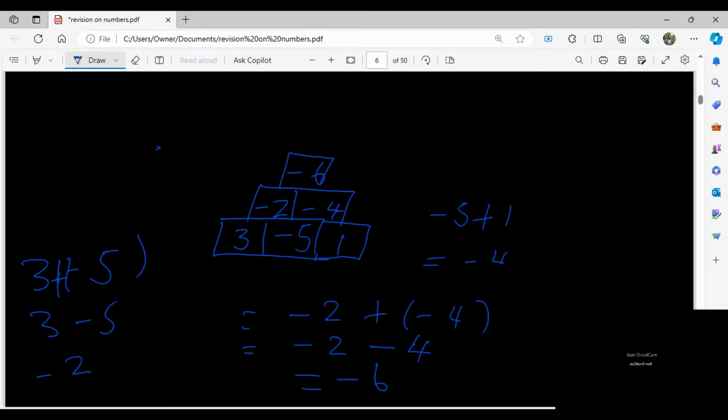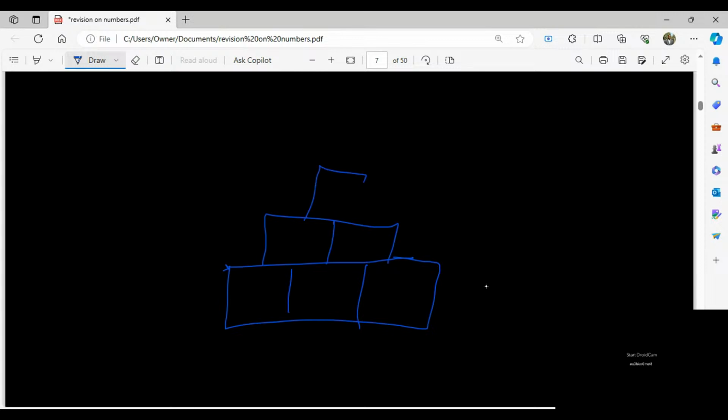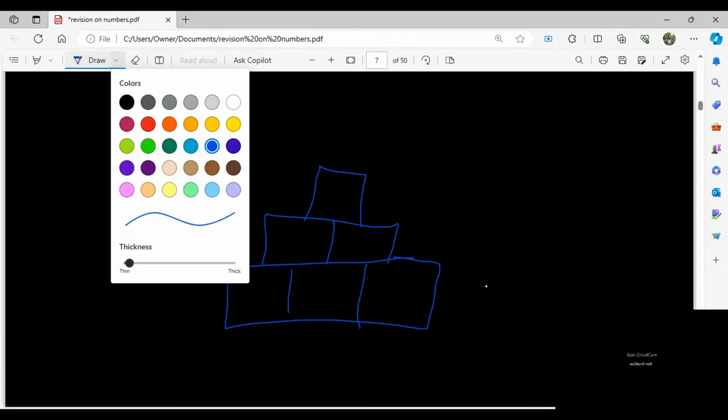Okay, let's try another number pyramid which is not so obvious. So say for example, you are given a number pyramid like this one. Let me change the color of this pen, maybe put a happier color.